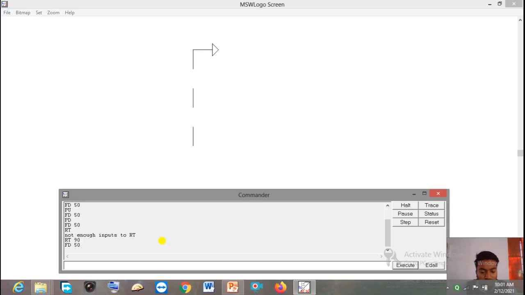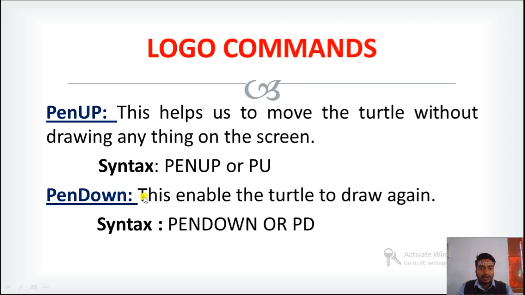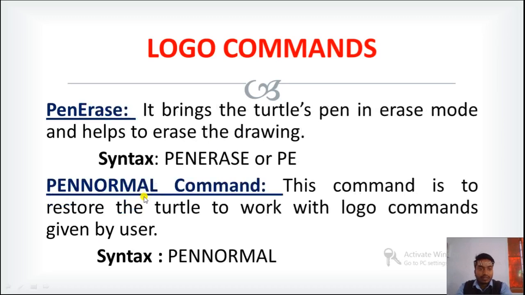Now you want some gap, for that you need to give the PU command. Now FD 50, you can see. Now again give the PD command, then FD 50. Like this you can draw the drawing. So this is the use of pen up and pen down command, understood?